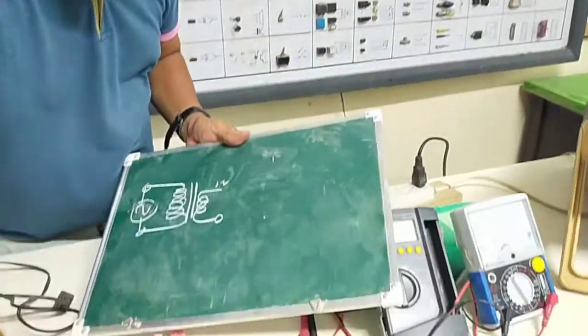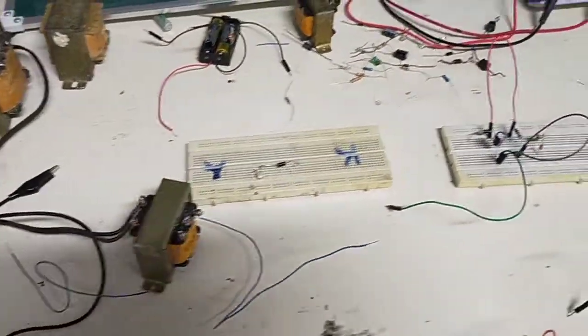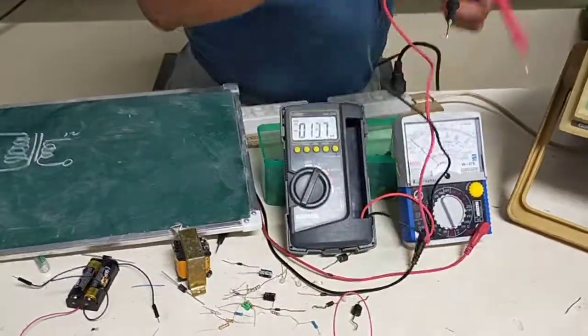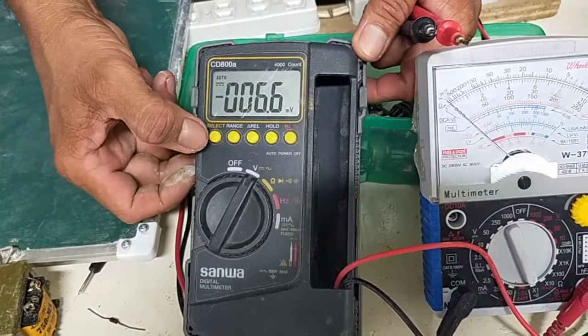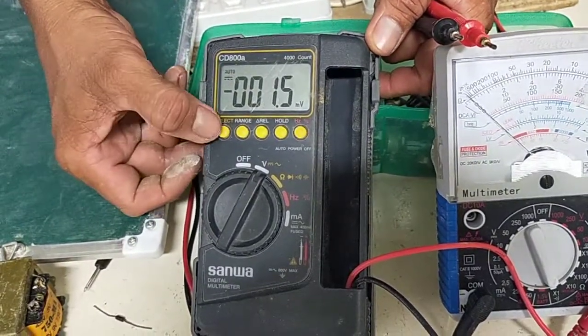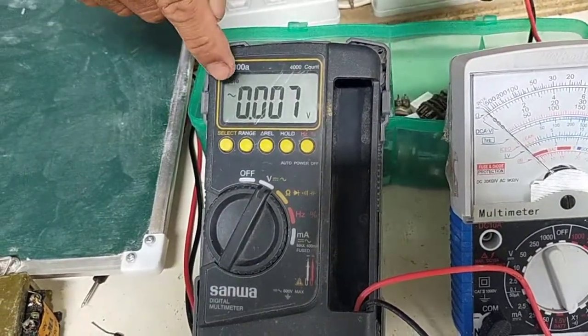We can actually measure the voltage at this output using this digital meter. Set it to voltmeter range and set it to AC voltmeter. Just press this portion here to select the AC and the DC. That is DC. But when it is AC, there is an AC symbol.